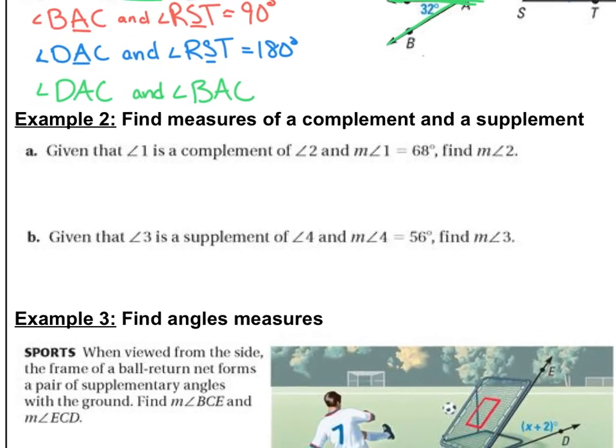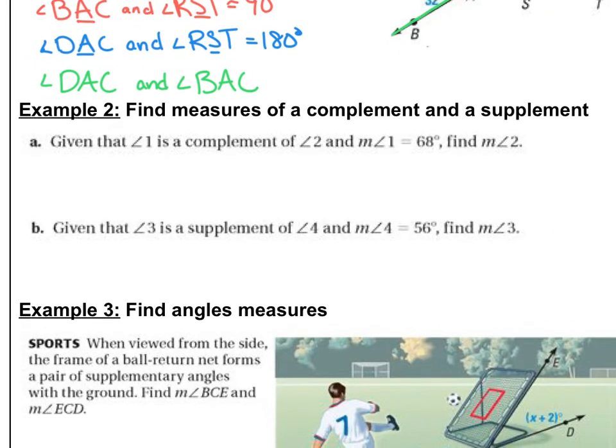Let's talk about complementary and supplementary without any pictures. So in example 2, letter A, it says given that angle 1 is a complement of angle 2, complement again just means that we're talking about 90 degrees here. We know that one angle measure is 68. How can we find the measure of angle 2? So just a quick little math lesson here.